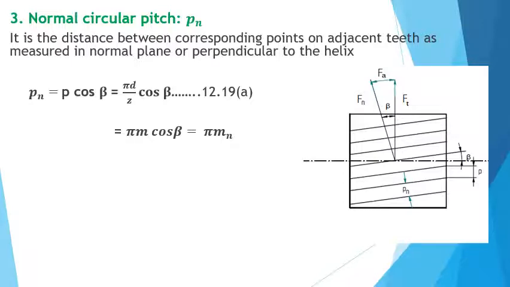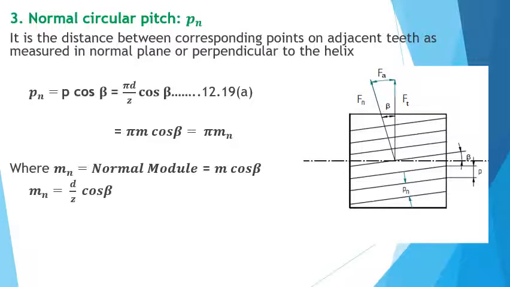Here we can write this as pi into m cos beta. So from here, let's take this as pi into mn, where mn refers to the normal module in the case of helical gears, which is given by m into cos beta.